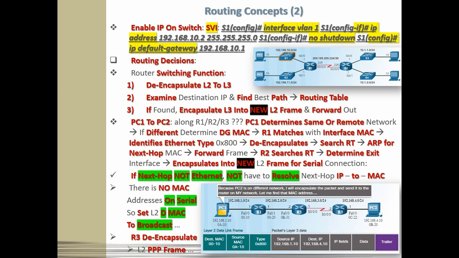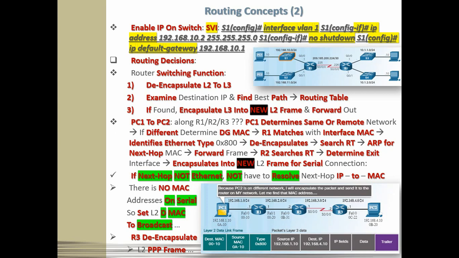Next step, we issue the ip default-gateway command on S1 in order to specify the default gateway on that subnet. So S1 is referring to router 1's Gigabit 0/0 interface as the default gateway.